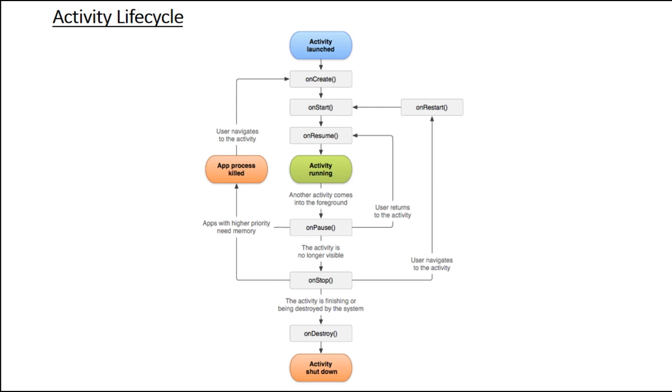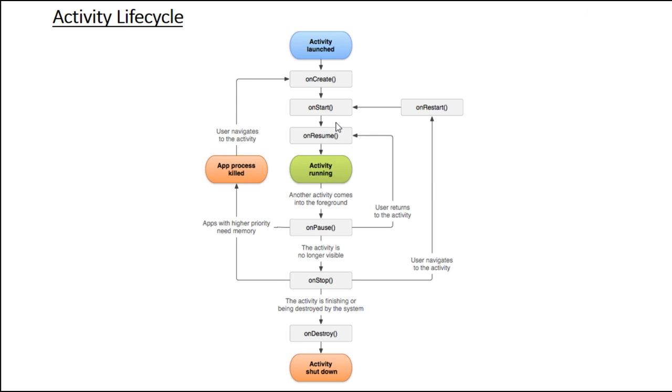So here this picture represents all the lifecycle callbacks of an activity. When we launch an activity, the first callback method is onCreate. When we start an activity, the Android system calls the onCreate method. Soon after the onCreate method finishes, your activity is in the started state, then the system calls the onStart method.